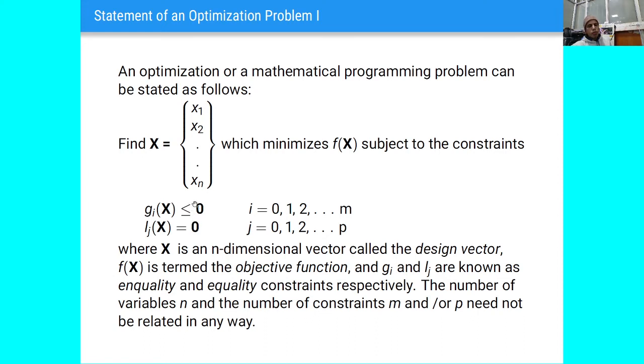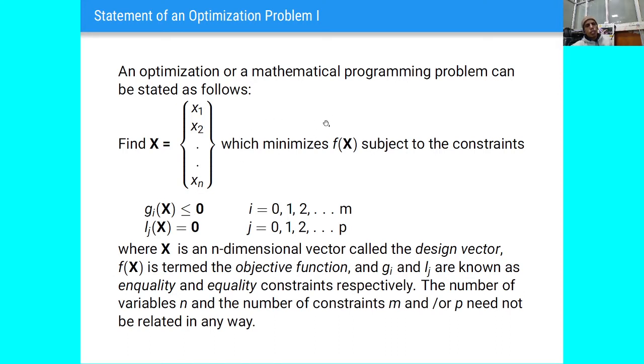There are a number of values which will satisfy the solution, that is gi(x) less than or equal to 0. But in the case of lj(x), because it is equal to 0, it may be called an equality constraint.